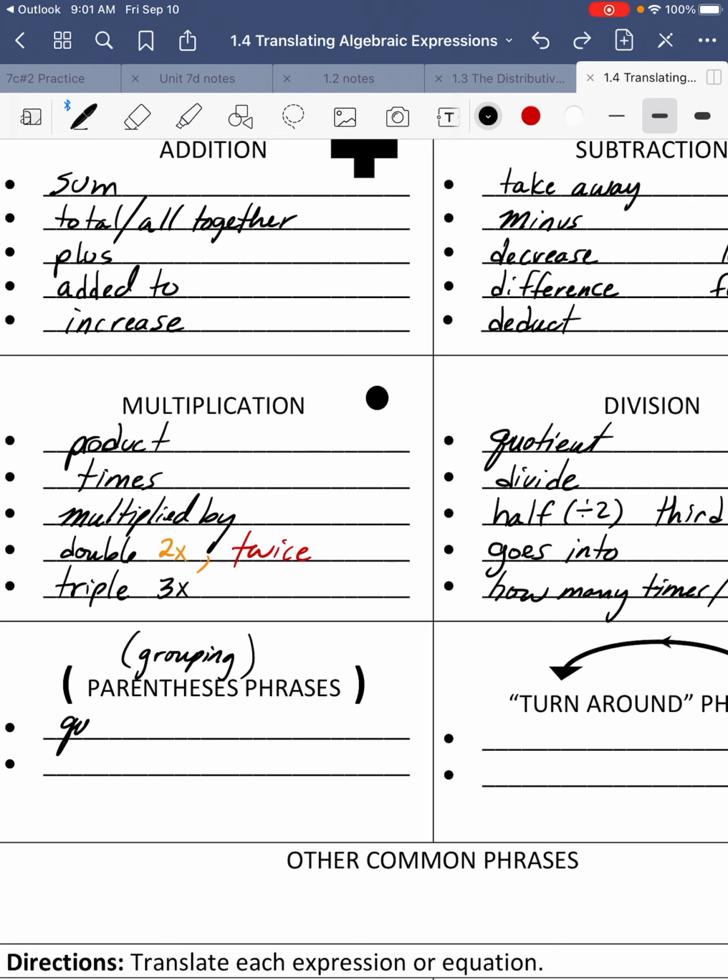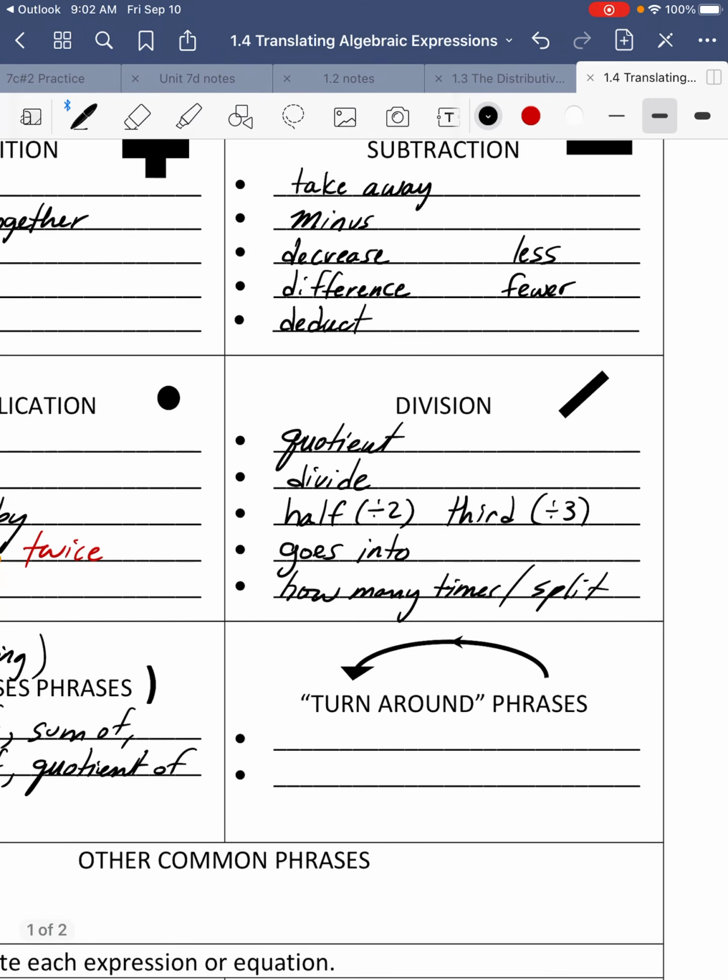These would be quantity of, or sum of, or a difference of, quotient of. You see these phrases and you're going to use parentheses with them.